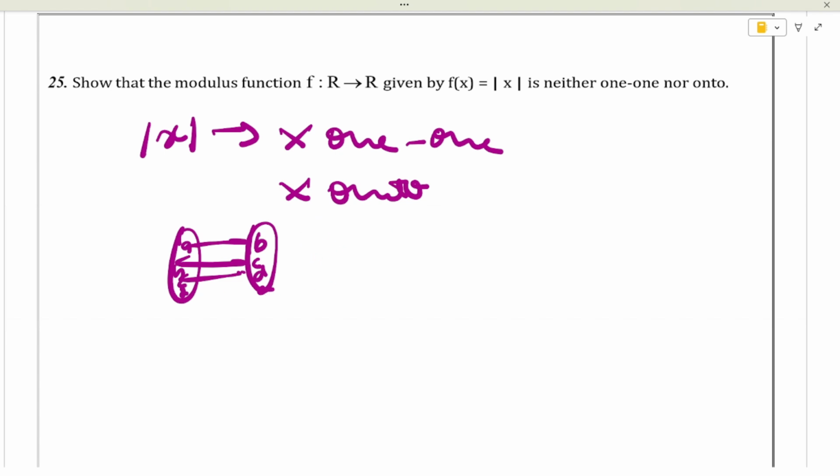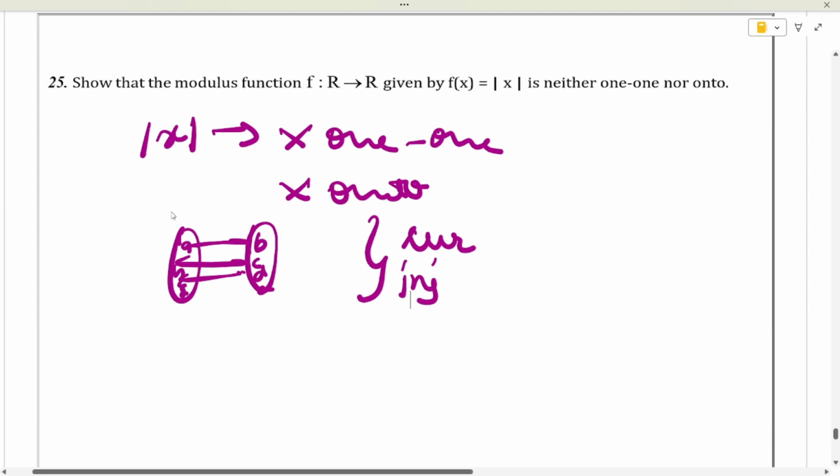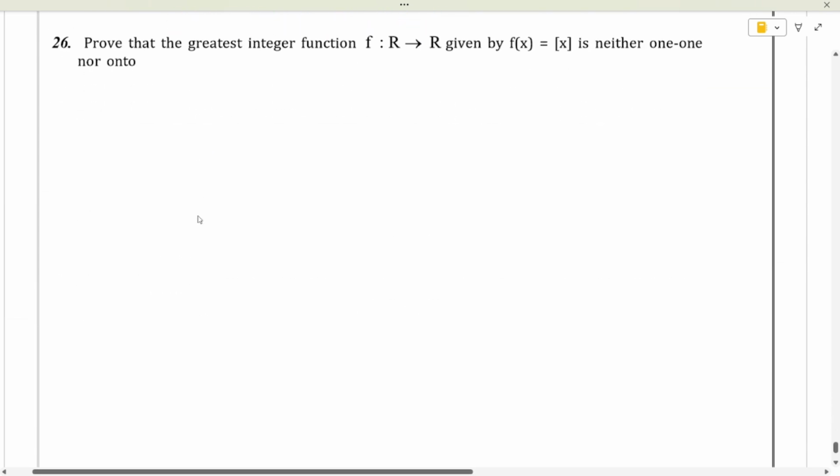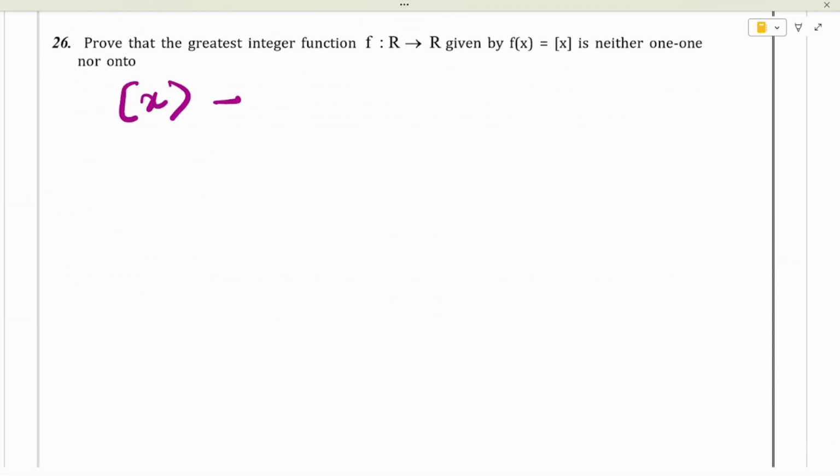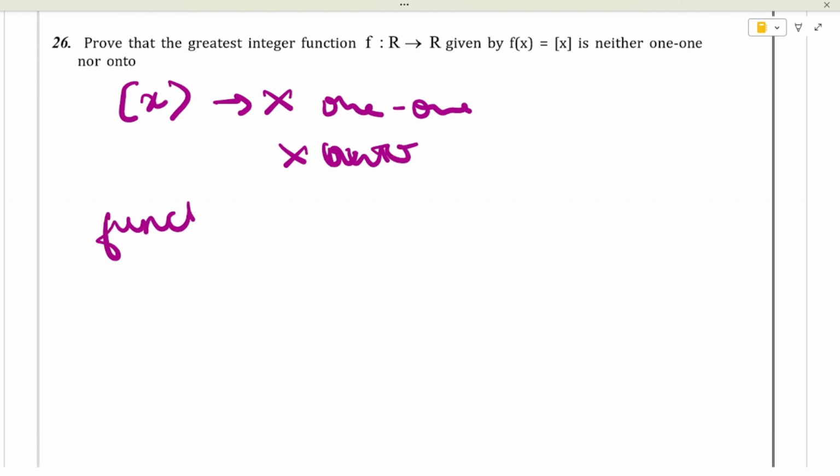Onto is a concept called surjective and injective. These and all I have explained in the video. You can go and watch the full videos. Next is again the same. It is also neither 1 to 1 nor an onto function. These are the concepts of functions.